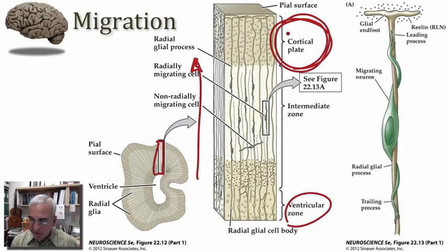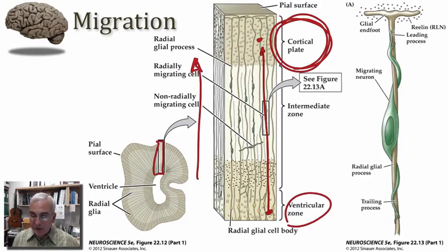So the challenge here is to get these neuroblasts that are formed here in the ventricular surface up to the cortical plate. And this requires a process of migration. So the cells must become motile, and they must find their way to this outward cortical plate. And the way this happens is these neuroblasts will migrate along a radial fiber that is formed by a presumptive glial cell.